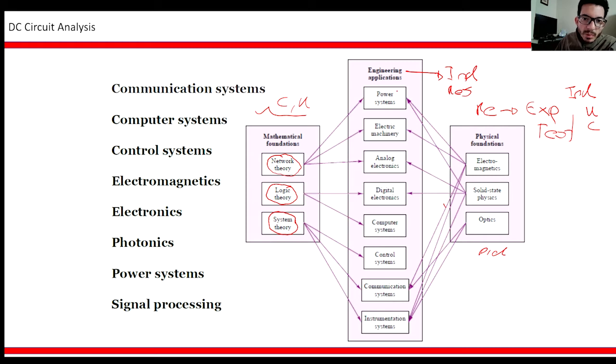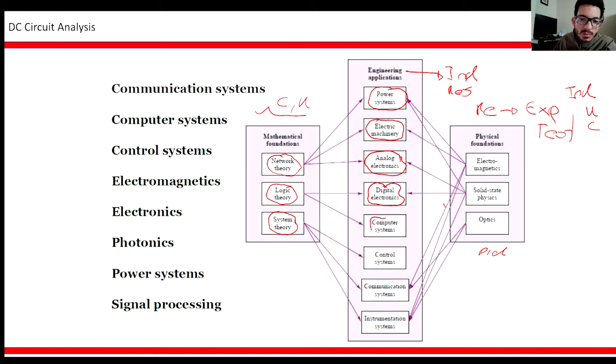So the applications could be power systems, like the power grid or transmissions, anything that takes the form of power to perform energy. Electric machinery, so pumps, compressors, electric motors, combustion engines. Analog electronics, so we have some types of sensors, we have signal conditioners. Digital electronics, so we have flip-flops, we have logic gates, we have counters.